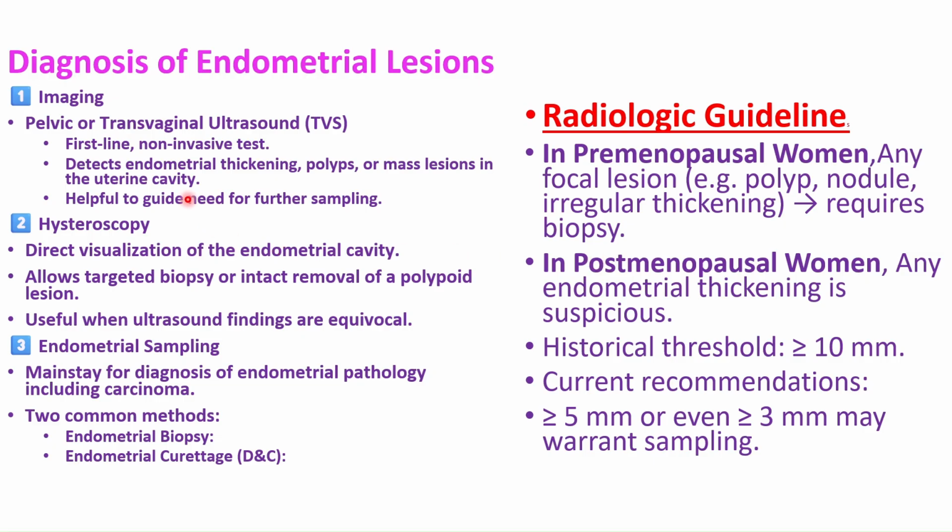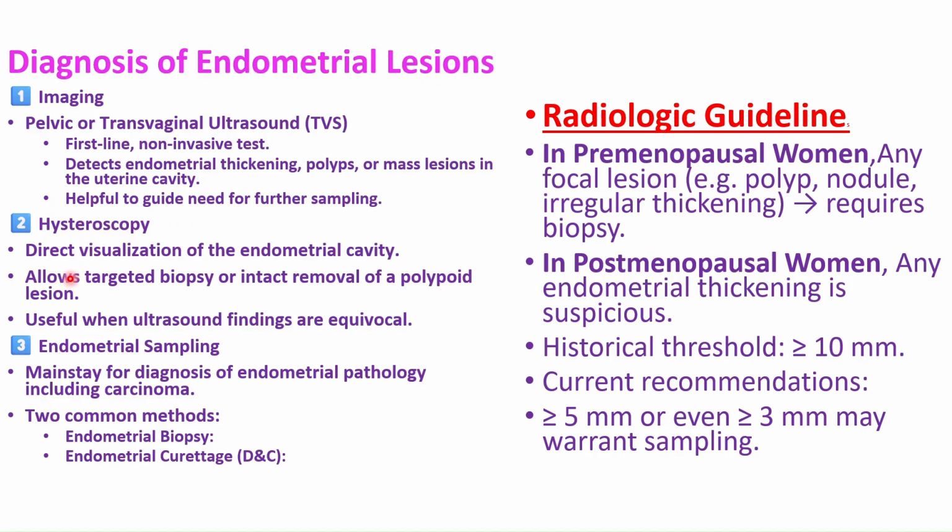Now, for the diagnosis, we require pelvic or transvaginal ultrasound, which is the first-line, non-invasive test. It detects endometrial thickening, polyps or mass lesion, and it is also helpful for further sampling of the endometrium.